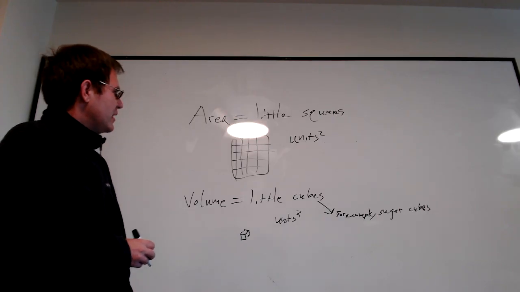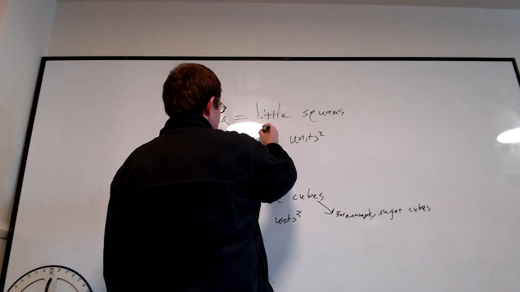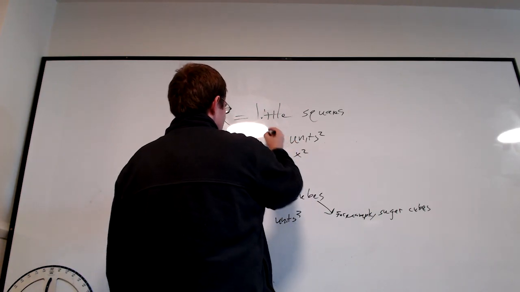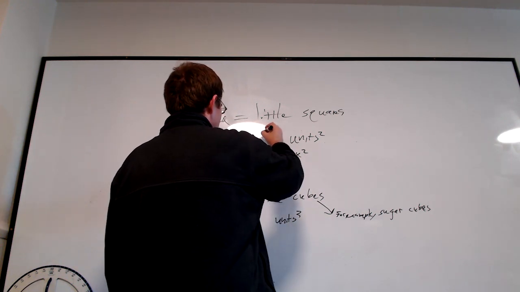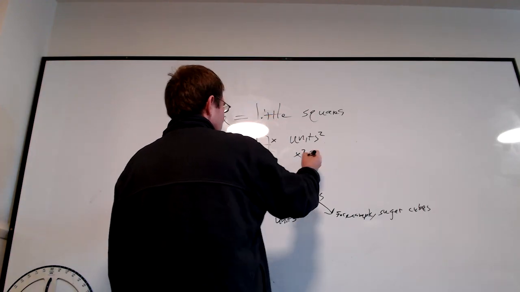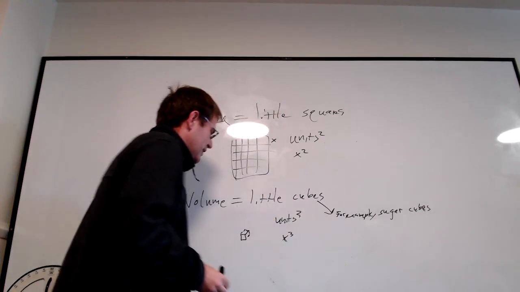So if we had, say, x width here, we would get x squared, because it'd be x times x. But in this case, we have the added dimension, which is also x, so then we get effectively here x to the third, or whatever our units are to the third.